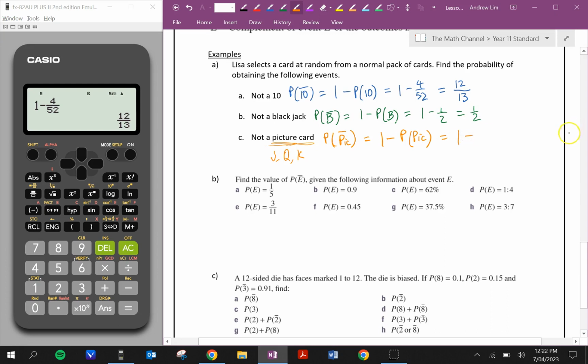Well, we know that there are 12 picture cards in total out of 52. Okay, 4 jacks, 4 queens, and 4 kings. So now we can just put that in our calculator. 1 minus 12 over 52, which is 10 on 13. Okay, so if we were to pick a card at random from a normal deck of cards, there's 10 out of 13 chance that it won't be a jack, queen, or king.